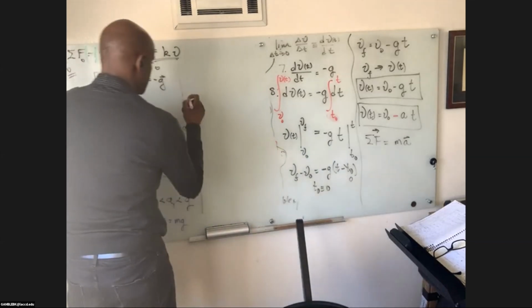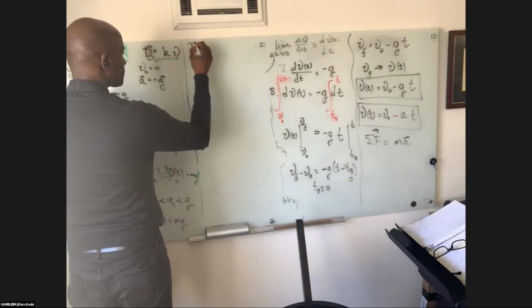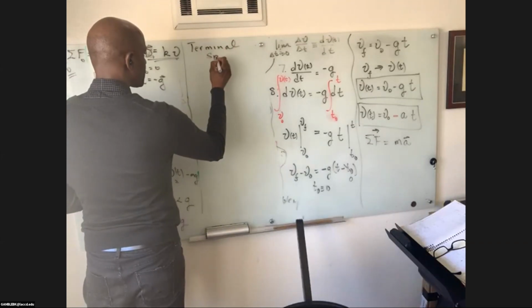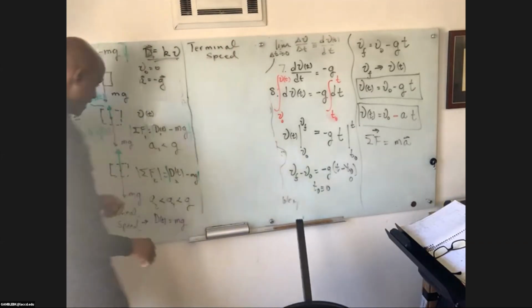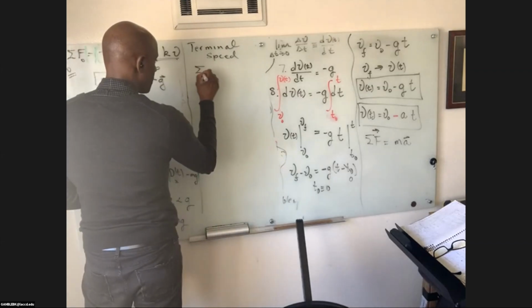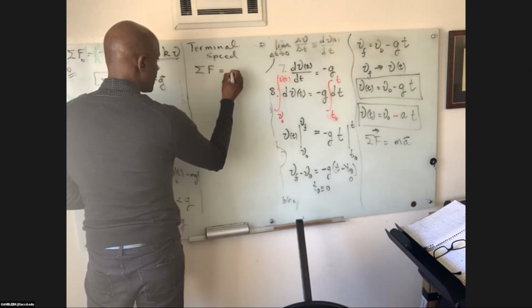So when we hit terminal speed, as someone told me earlier, it's the first law that applies to the situation, not the second law. The first law applies. Net force equals 0.